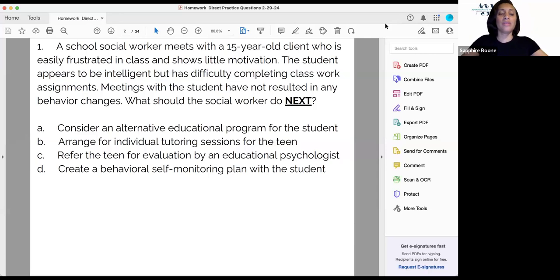So you see that D represents intervention: create a behavioral self-monitoring plan with the student. A, consider an alternative education program for the student. Both of those are interventions. And we don't need to do anything else to intervene because our interventions are not working.